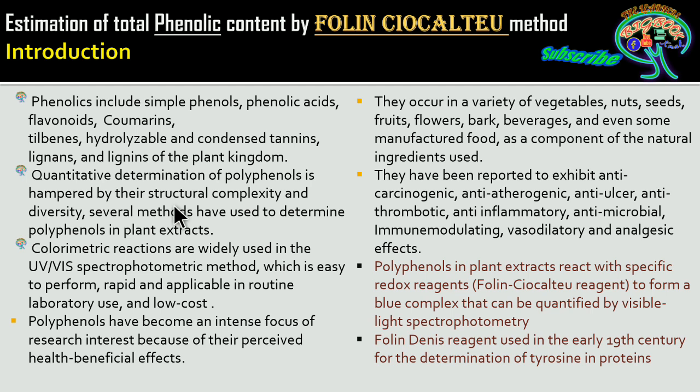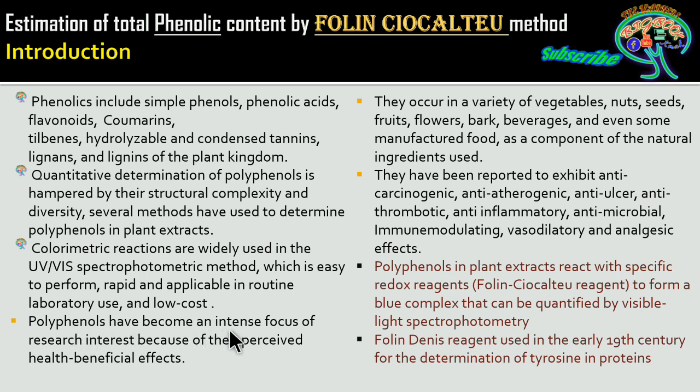Further, the colorimetric reaction is one of the most widely used in UV or visible light spectrophotometric methods, which is easy to perform, rapid, applicable to routine laboratory use, and low cost. As it is easy to perform, you can adopt it as an easy method to estimate the amount of phenolic content present in a given sample, and it is applicable to routine laboratory use.